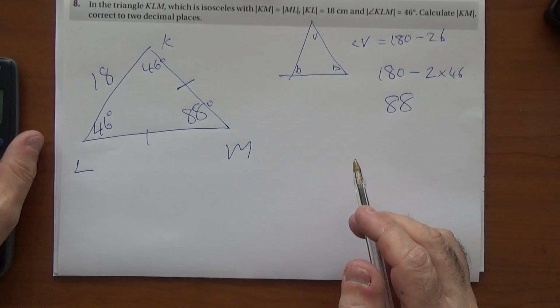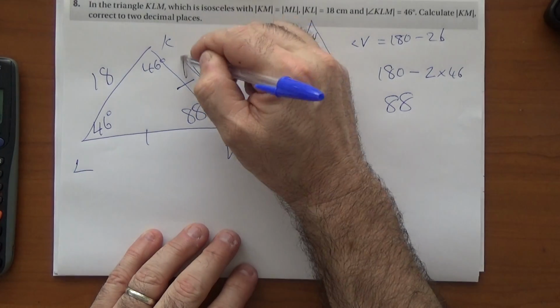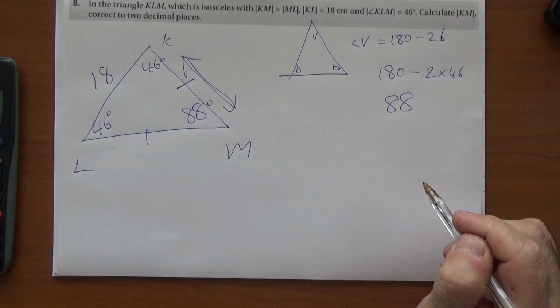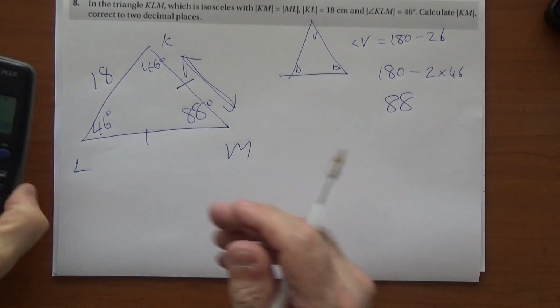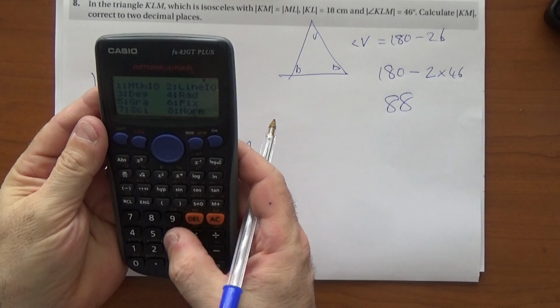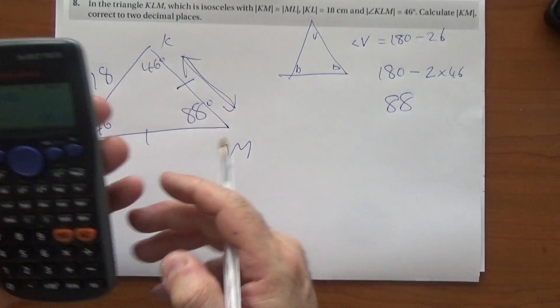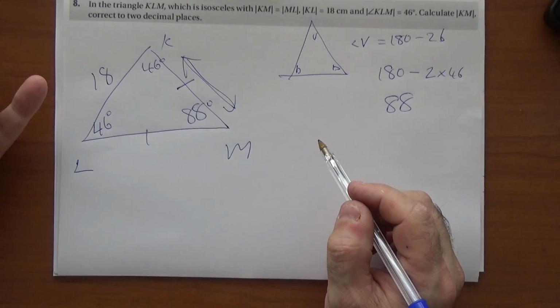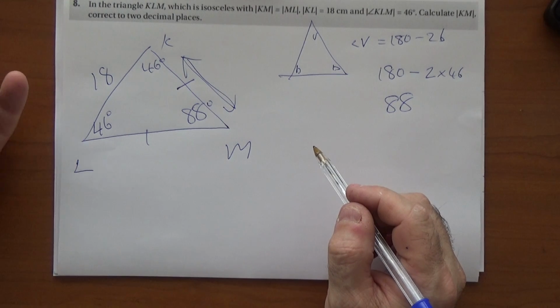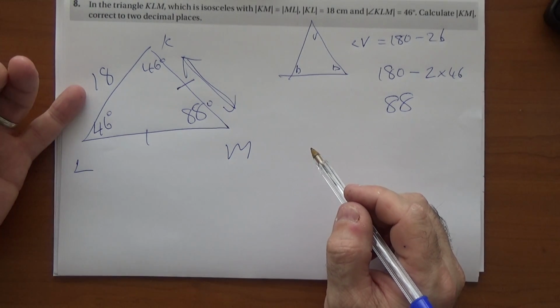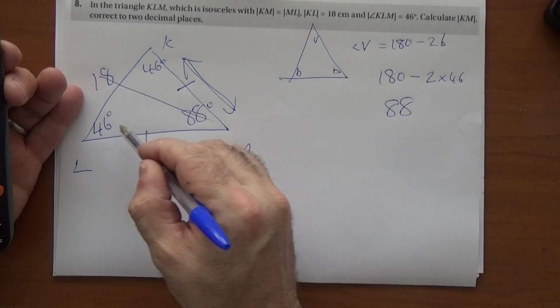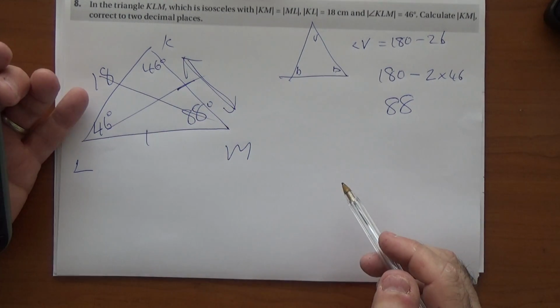Calculate the length KM, correct to 2 decimal places. Okay, so we have 3 angles and a side. So looks like we're going to be using the sine rule.